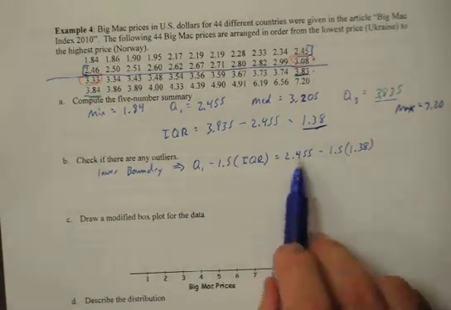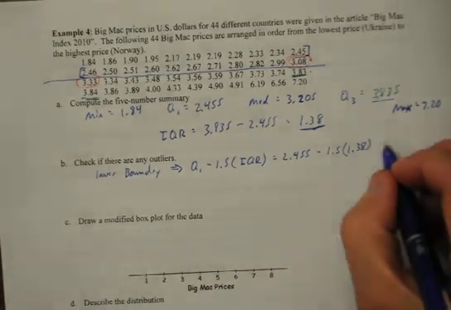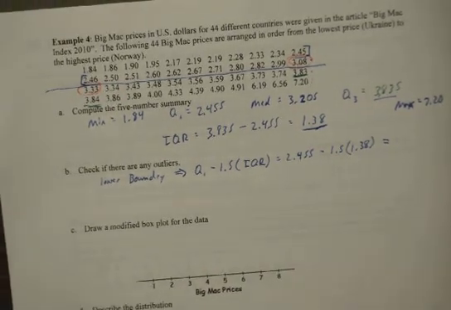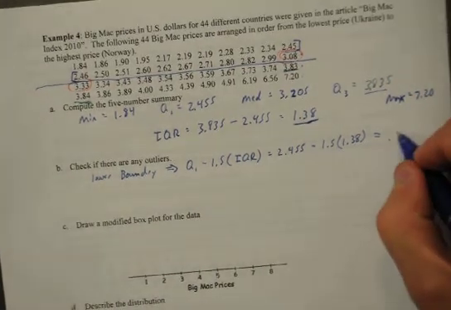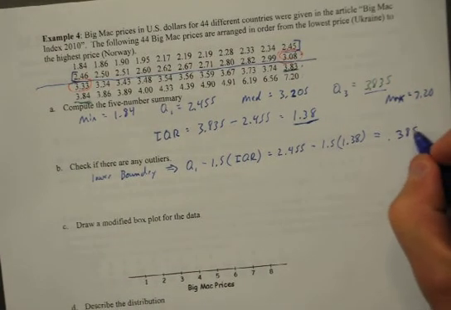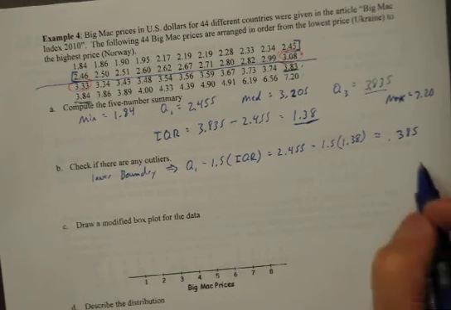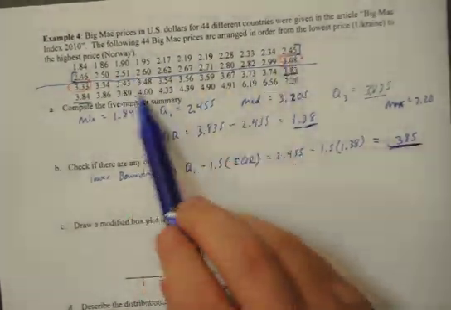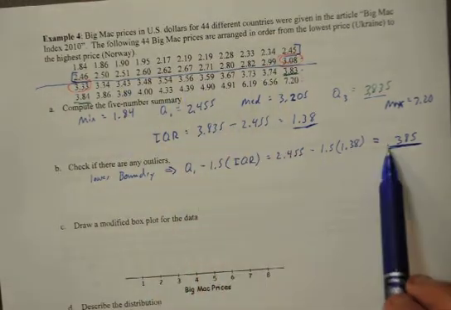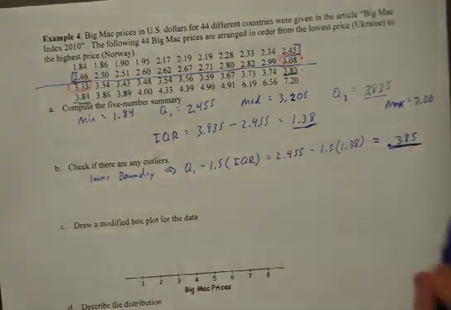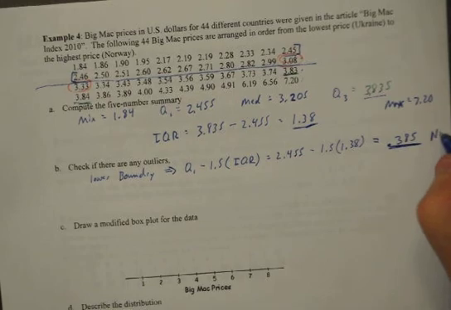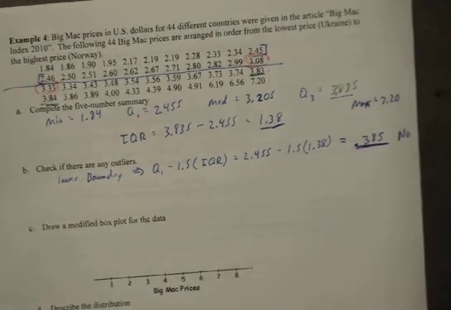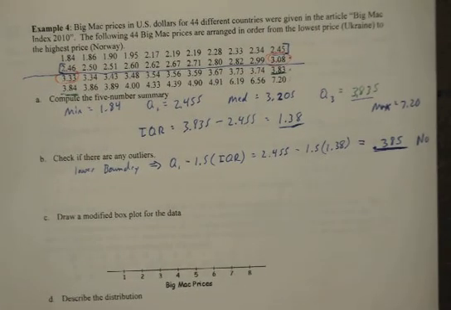It's the interquartile range, Q1, interquartile range. And for that value, we get 0.385. So that's the lower boundary. Are there any numbers in my data set that are less than 0.385? No, there are not. So there are not any low outliers.